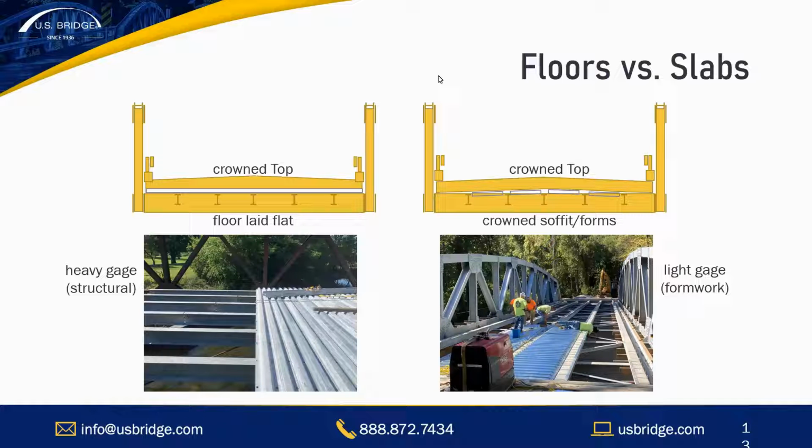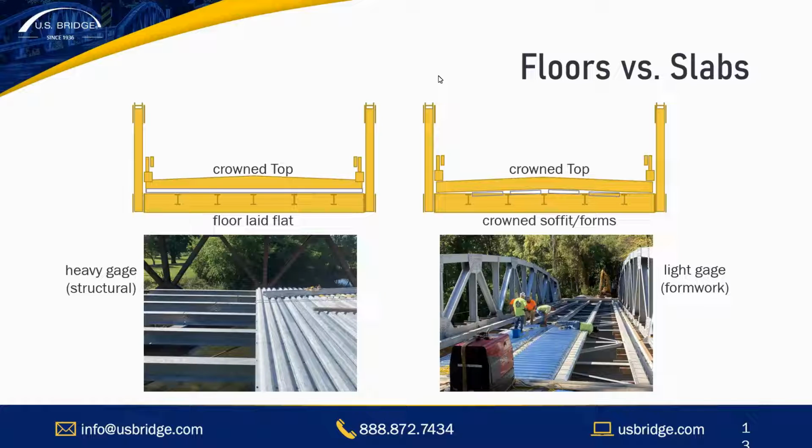Some of the bridges have floor construction, some of them have slab construction, and the floor construction is made with elements that sit flat, and they're laid flat onto the steel stringers, bolted or clipped to the framing members below. And then, of course, when we're building slab construction, we are going to crown the soffit of the bottom of the slab with forms and haunches.